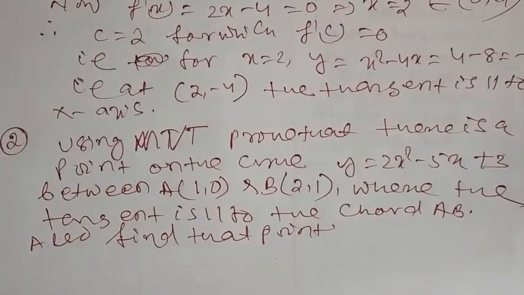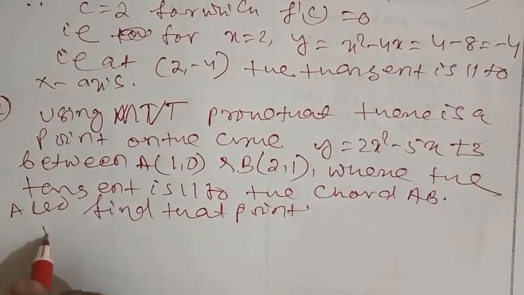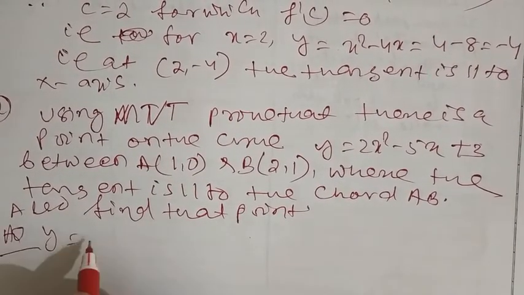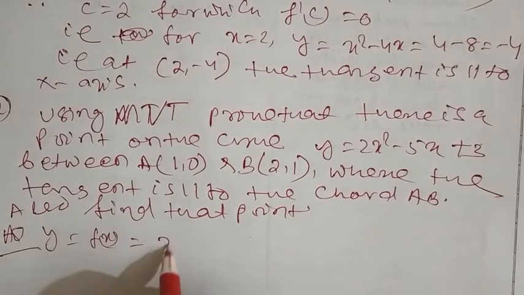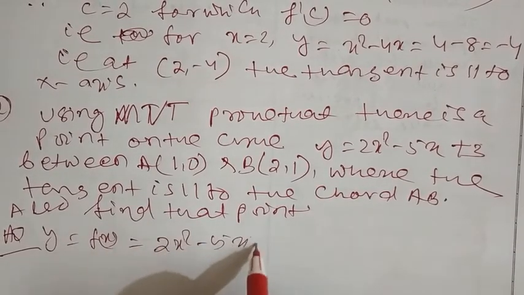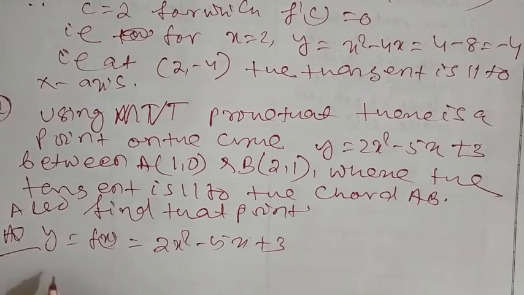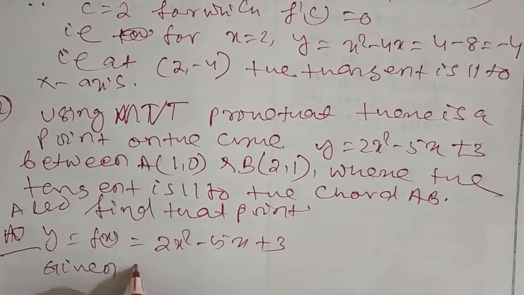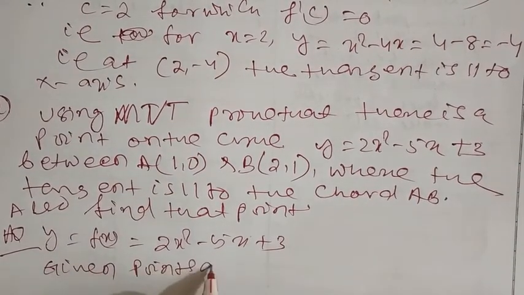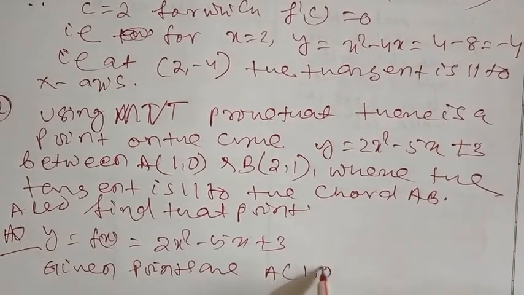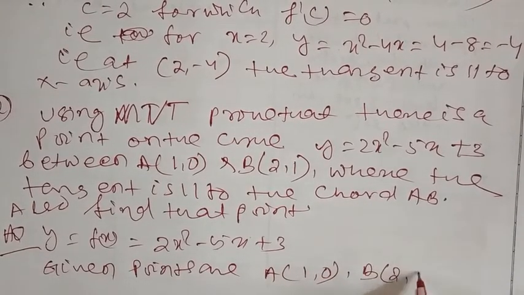Very simple question. Now, y equal to f(x), 2x square minus 5x plus 3. Given points are A(1, 0) and B(2, 1).